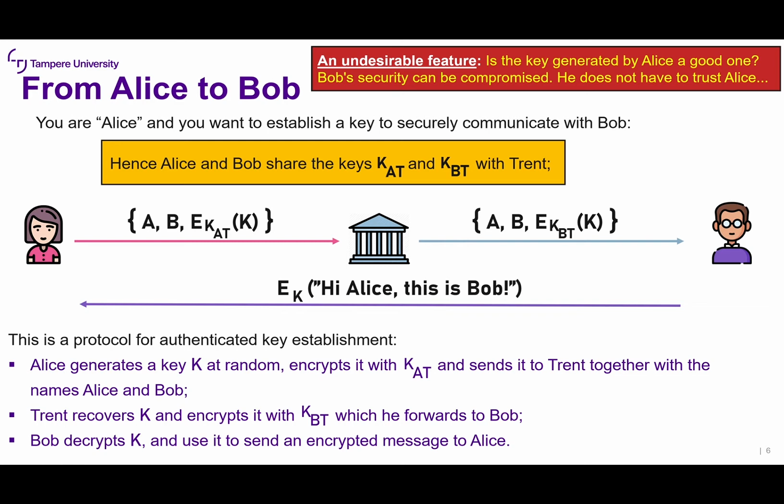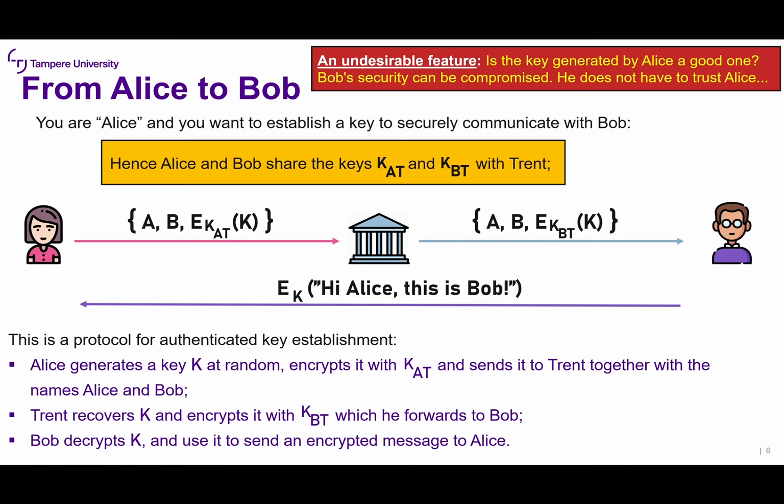For example, it means that it will be a fully random key, or that it will not be a key that was generated or used in the past, or that it will be long enough. Who tells you that? No one. Maybe Alice will do everything correctly, but maybe not. You don't know. So the only entity that both Alice and Bob trust in this scenario is Trent. Bob does not have to trust Alice, and vice versa.